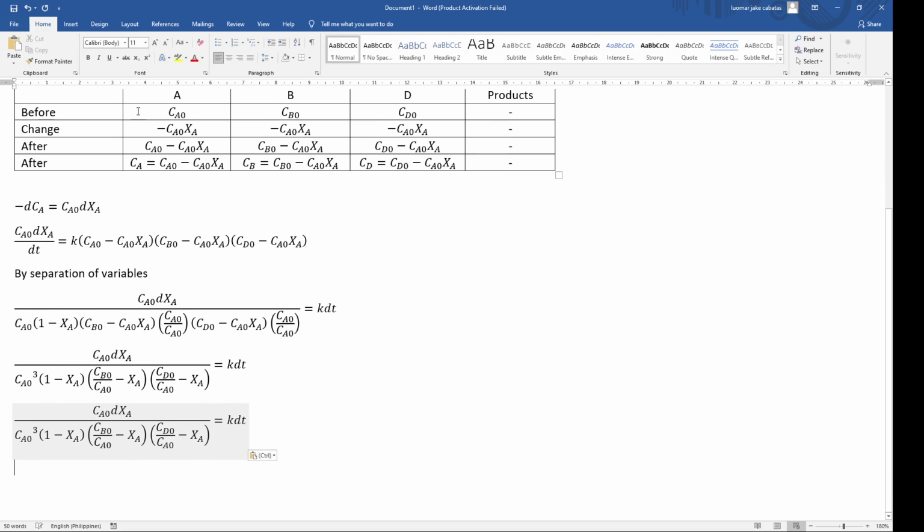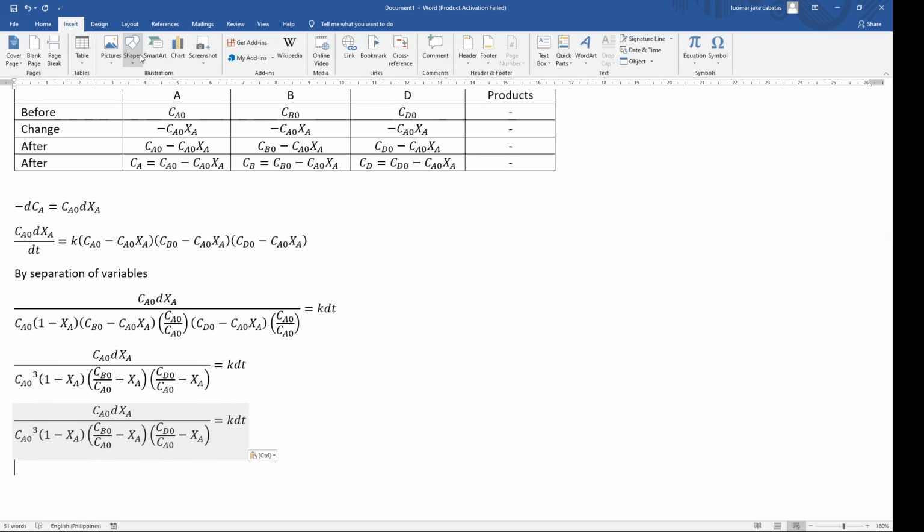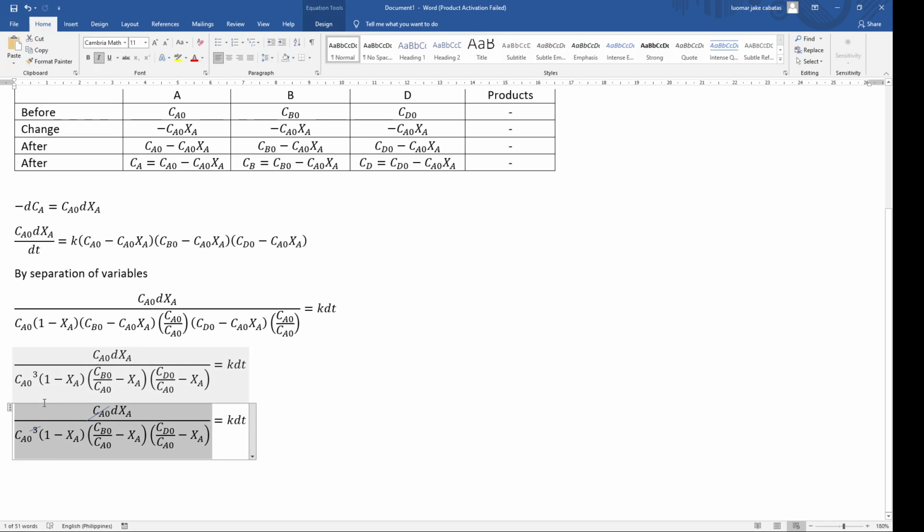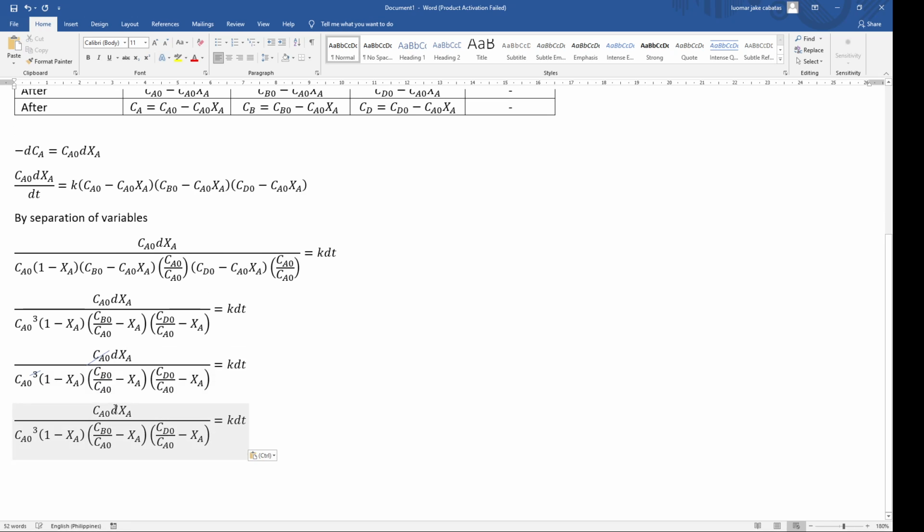After combining those three, we can cancel the CA0 here, and also this one, so it's squared. After cancellation, this one will become squared, and we can transfer this here on this side, k CA0 squared dt.